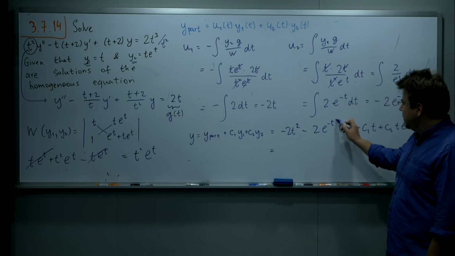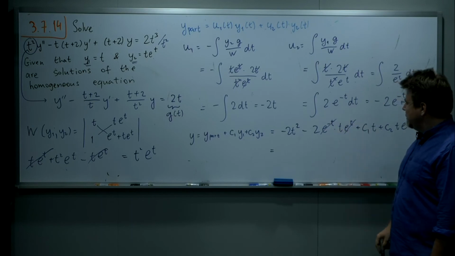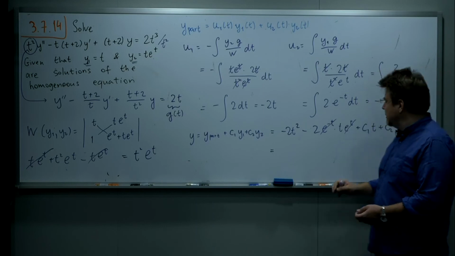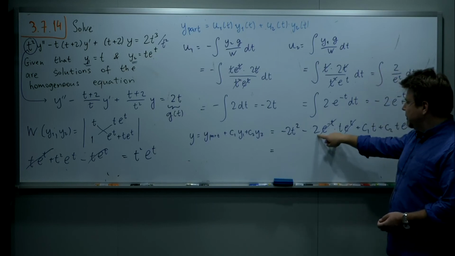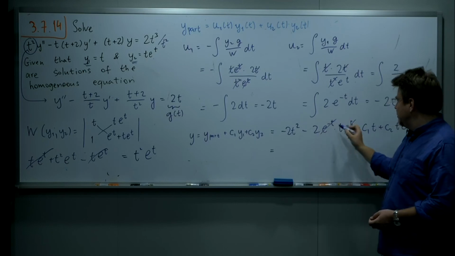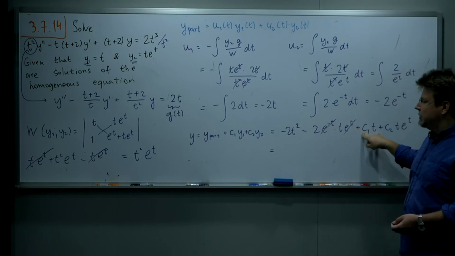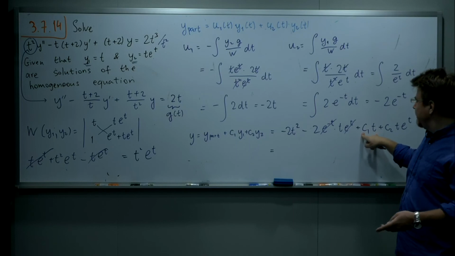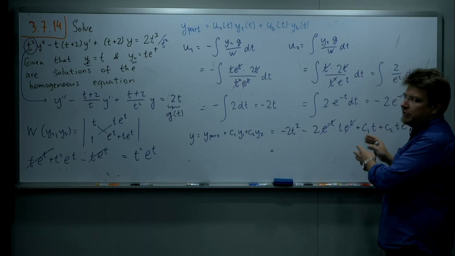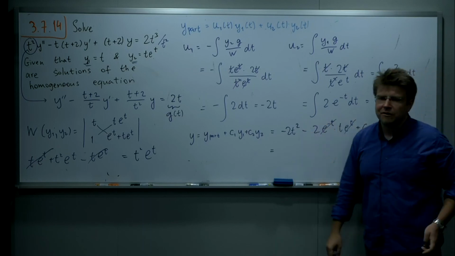So noticing that e to the minus t times e to the t cancels out, the remaining term is 2t. So it should really belong here, because we have a constant times t here, and that constant times t, of course, includes whatever t is there, right?